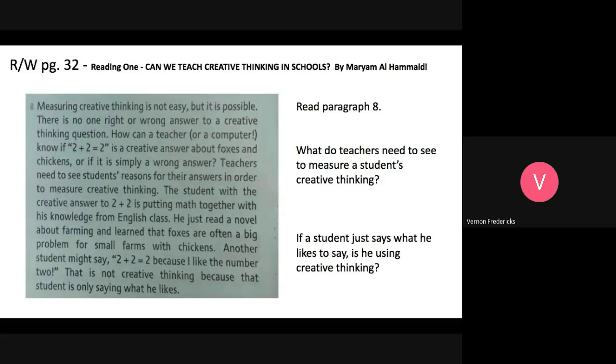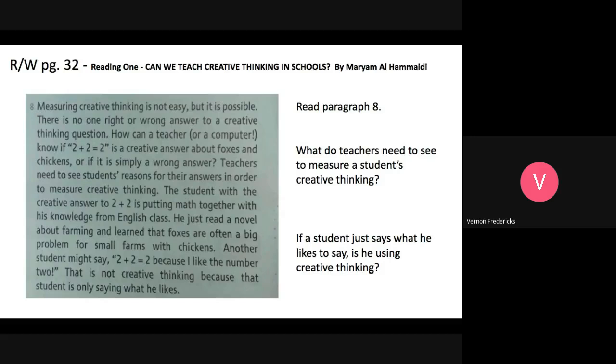Let's read paragraph 8. Measuring creative thinking is not easy, but it is possible. There is no one right or wrong answer to a creative thinking question. How can a teacher or a computer know if 2 plus 2 equals 2 is a creative answer about foxes and chickens, or if it is simply a wrong answer? Teachers need to see students' reasons for their answers in order to measure creative thinking.